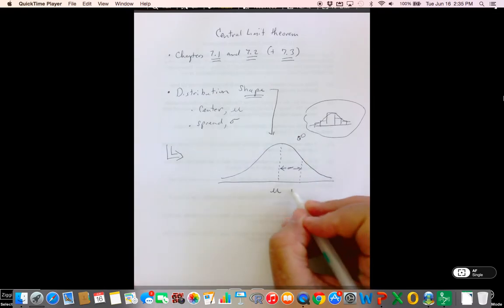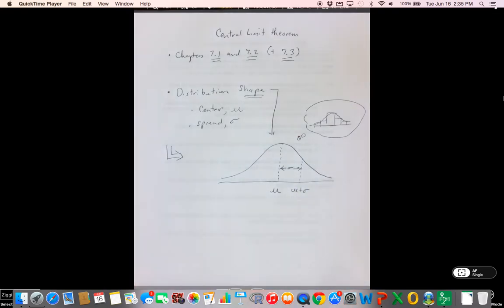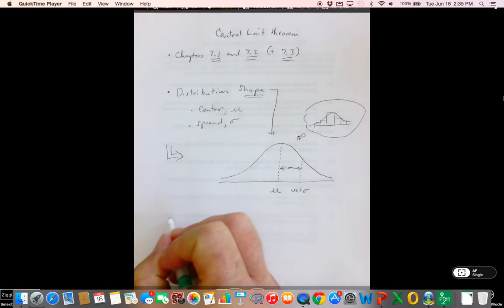So this would be the mean plus one standard deviation, or a standard deviation above the mean. So for the normal distributions, the shape is normal, the center is mu, and the spread, or consistency, is the standard deviation. If we know these measurements, then we can completely define where a normal distribution is going to be.